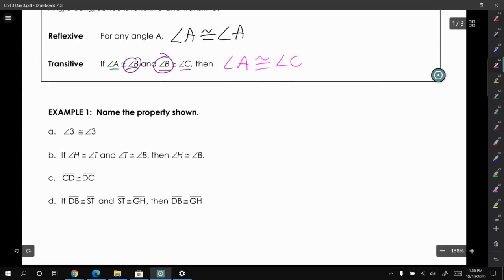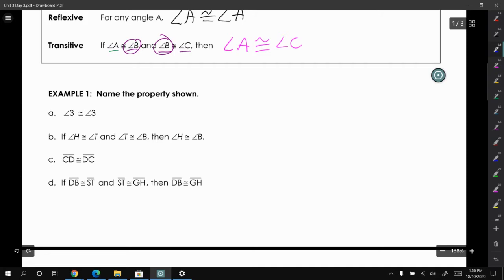So we're going to identify the properties shown. Angle 3 is congruent to angle 3. Well, that is an angle congruent to itself. So that is the reflexive property of congruence.